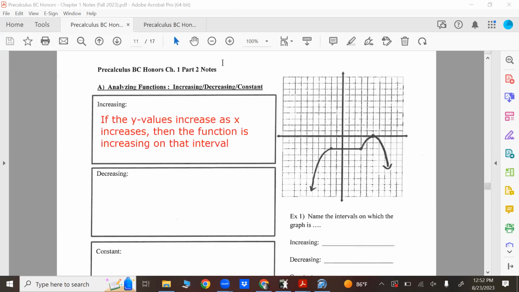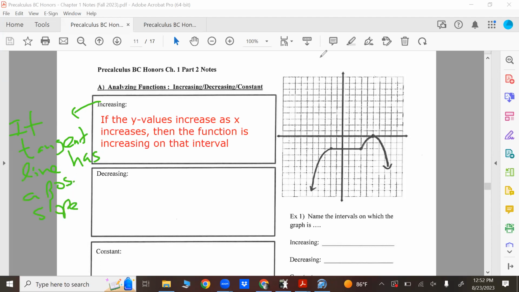Another way of thinking about this too: if you drew a tangent line and it has a positive slope.